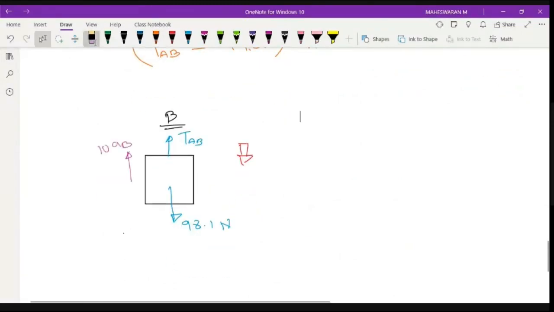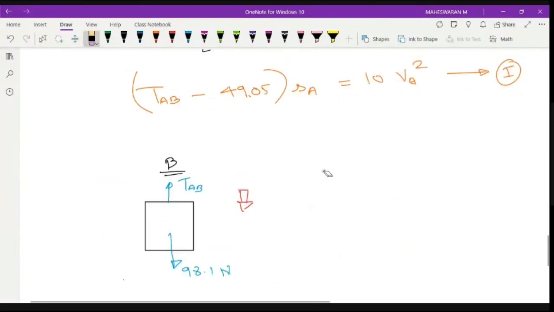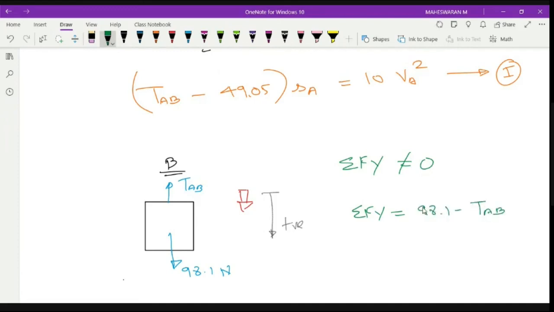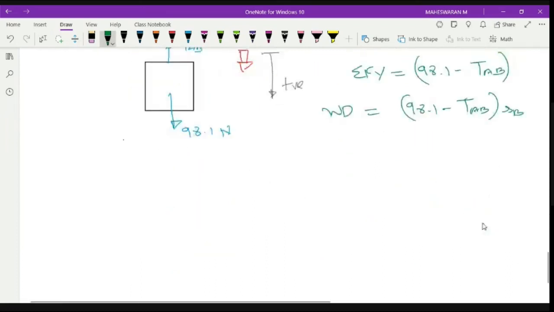So you don't have this force, right? Now I can say that sigma Fy is not equal to 0 because the direction of movement is along this direction, which means this is a positive direction, right? So sigma Fy is equal to 98.1 minus TAB. That is my total. In that case, I will identify what is my work done. Work done is 98.1 minus TAB into SB, right?